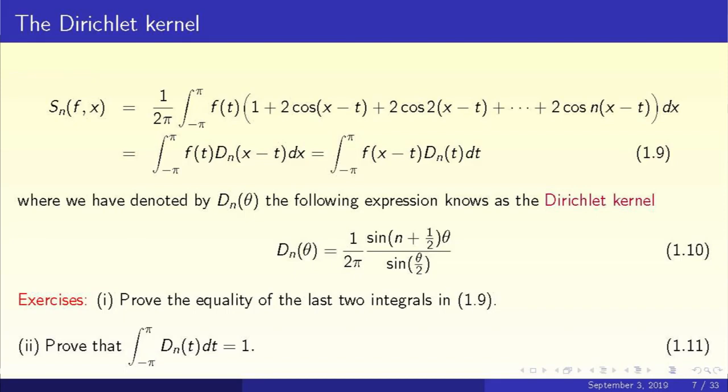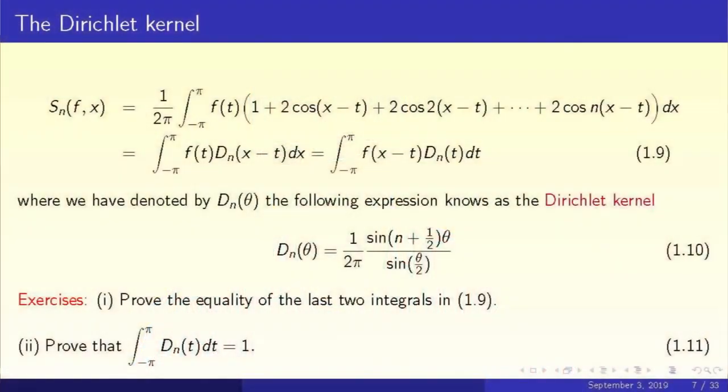Alright. Now what do we do with 1.11? We multiply 1.11 by f of x and take the f of x inside the integral. x and t are independent, right? So from 1.11 we will get f of x equals the integral from minus pi to pi of f of x dn t dt. And the other equation is 1.9.